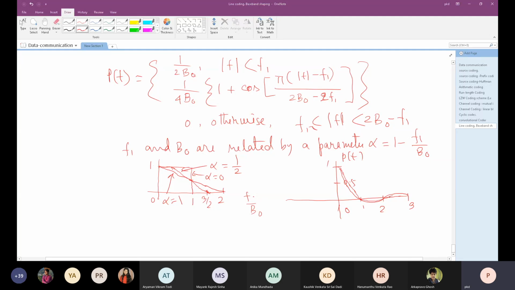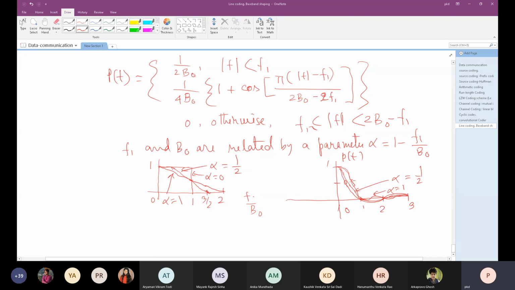This is alpha equal to half. I think the drawing is not good. And for alpha equal to 1, for alpha equal to 1, of course, an extra oscillation comes into the picture.